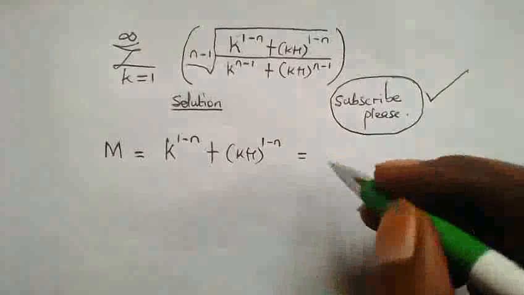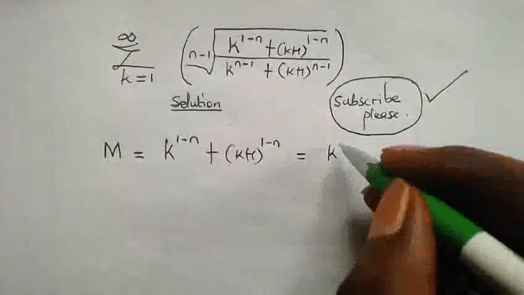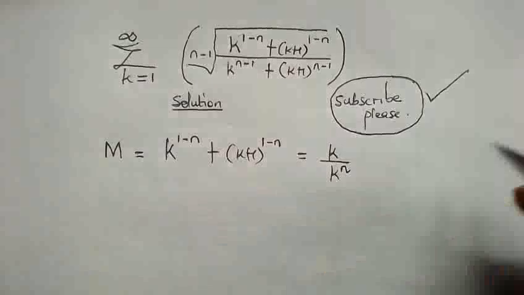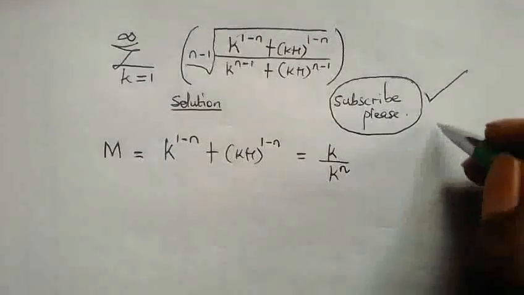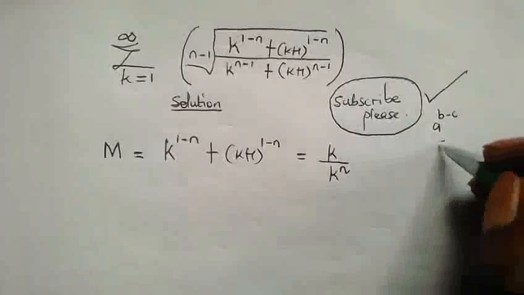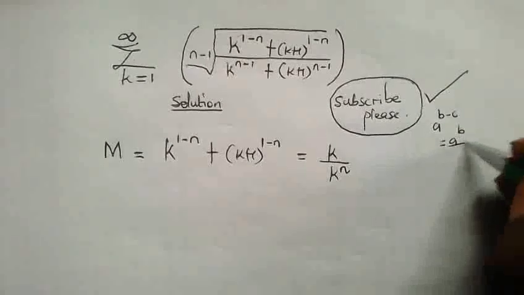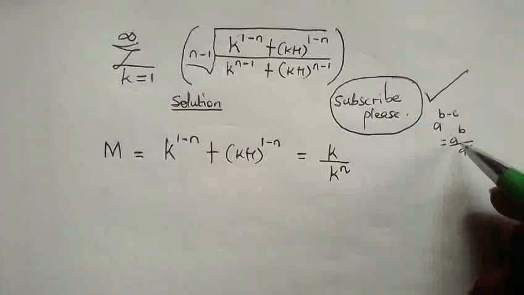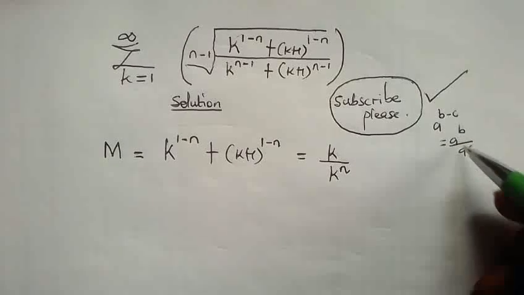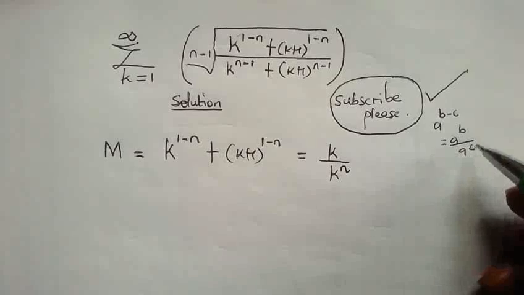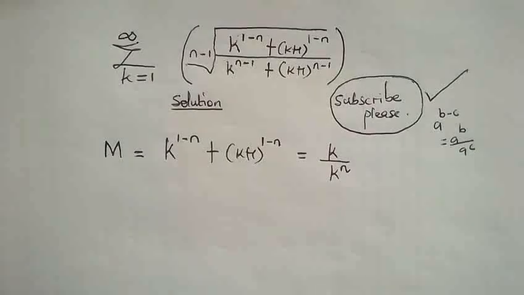So simplifying this, here we have k raised to the power of 1 over k raised to the power of n, since we have this law: a raised to the power of b minus c is the same as a raised to the power of b over a raised to the power of c. Because we have common bases here, we can subtract the powers since we have a division. So this is the division law.